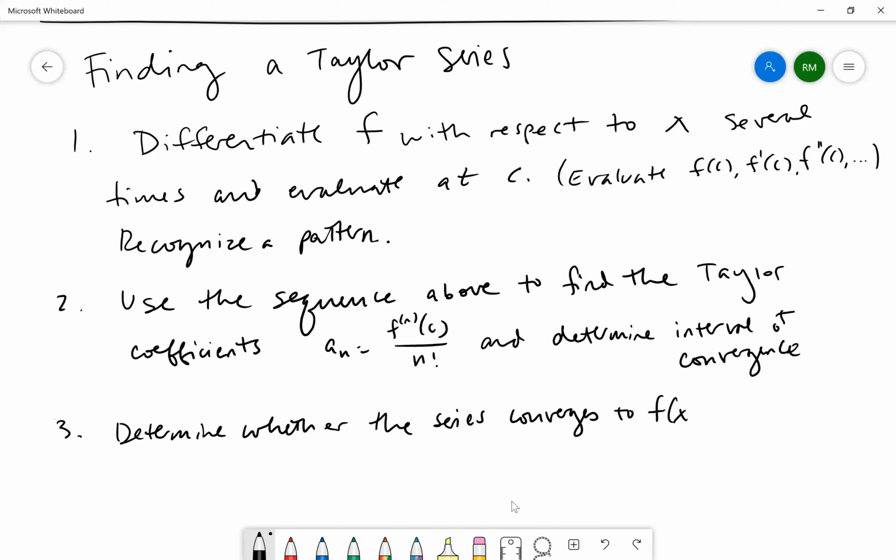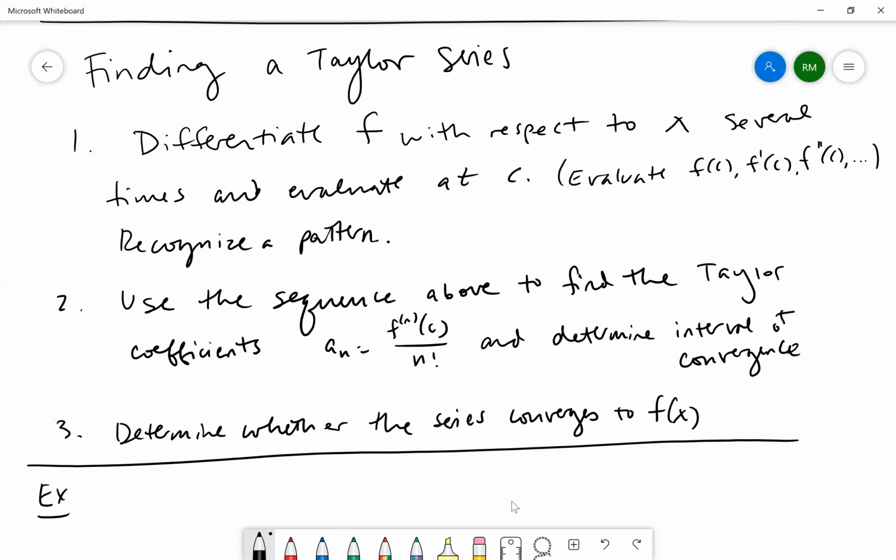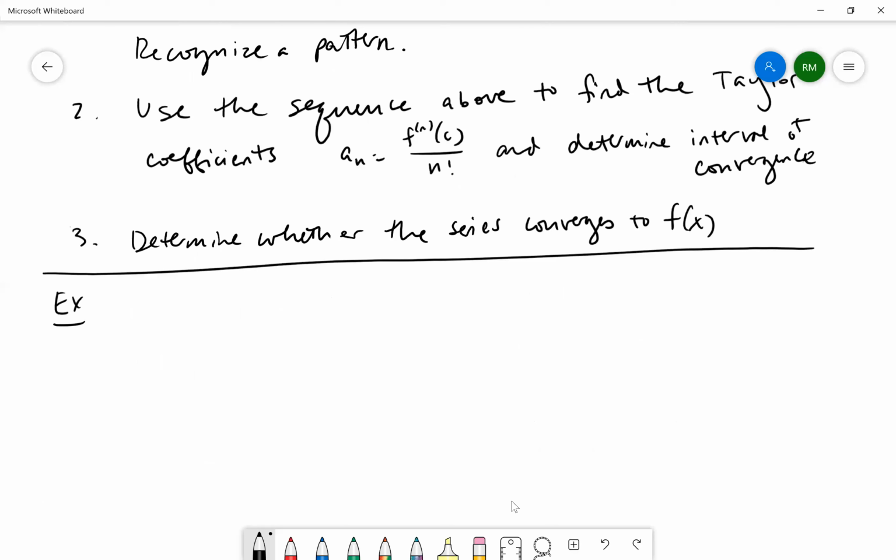So what I want you to do is use this technique to find the Taylor series for the natural log of x about c equals 1.